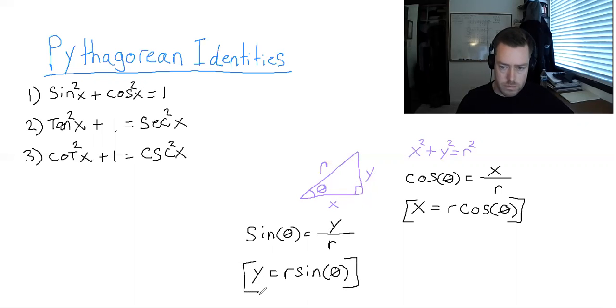Cool. Now, we're going to link the Pythagorean theorem and these two things together. Here we have two expressions in terms of r and theta, and then we have x and y. So what we're going to do now is plug your x and y into your Pythagorean theorem. New page.